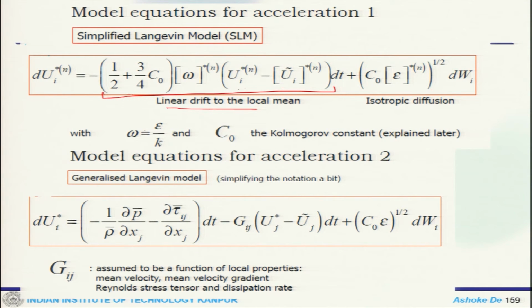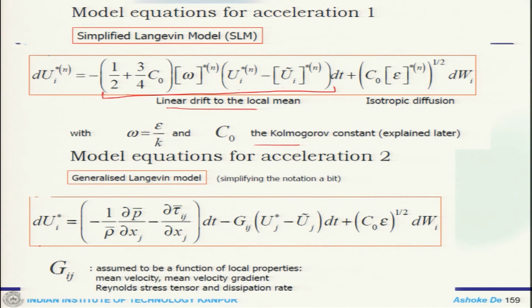That is why this is known as the simplified Langevin model, and this C naught here is the Kolmogorov constant, which I will explain a little later.